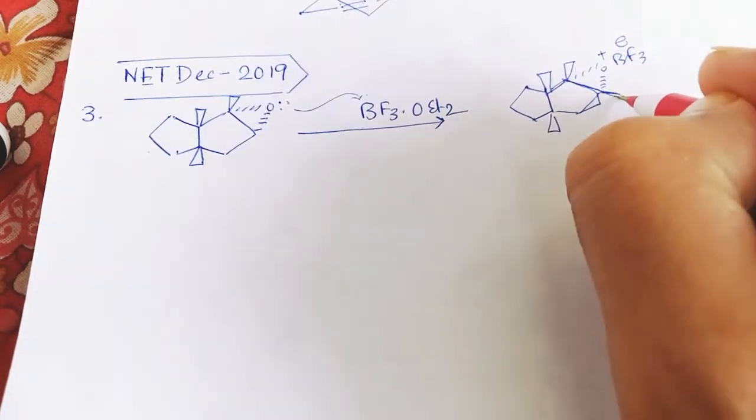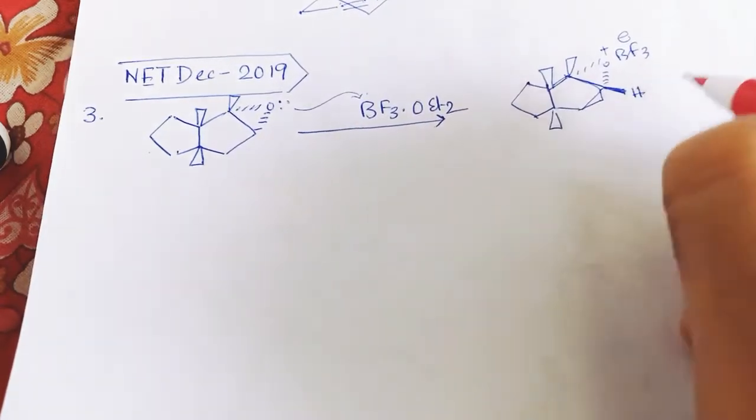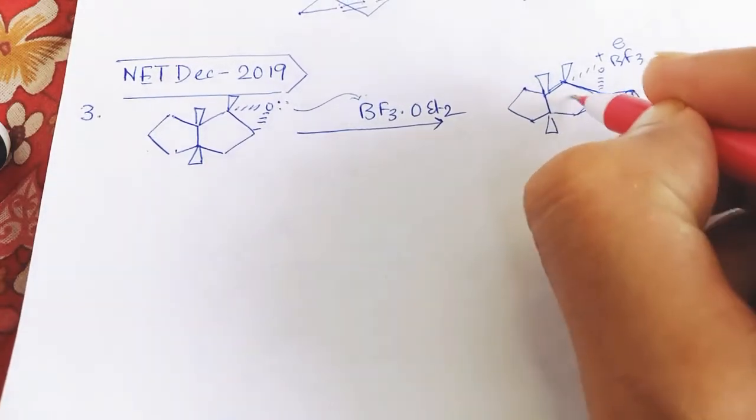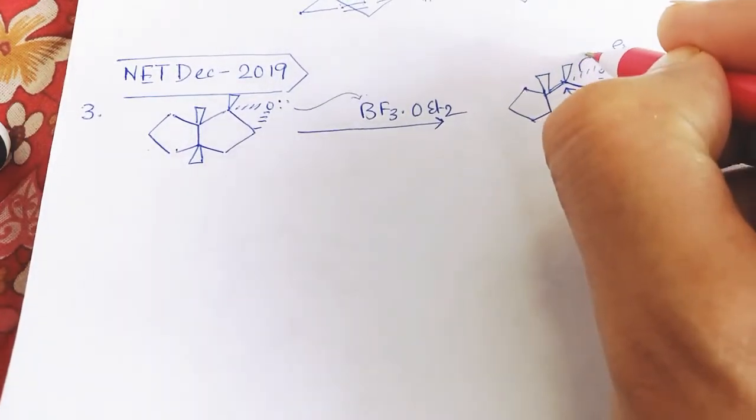And there is hydrogen. Then hydrogen will migrate here and it will flip back.